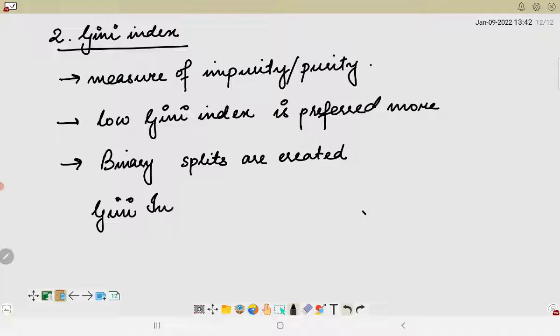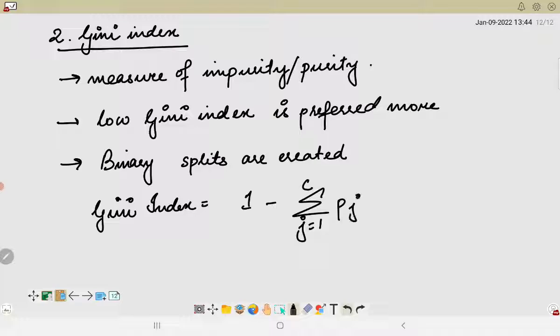Gini index can be calculated using the formula: Gini index is equal to 1 minus summation of p_j squared, where j is equal to 1 to c.